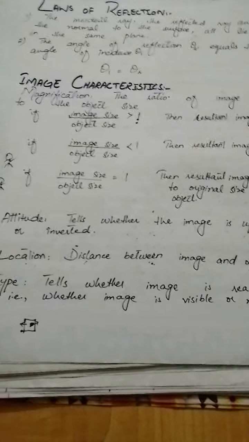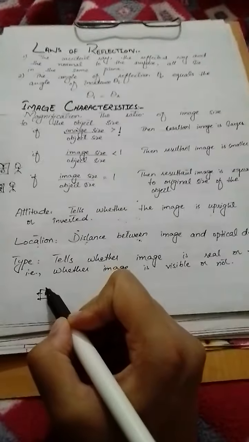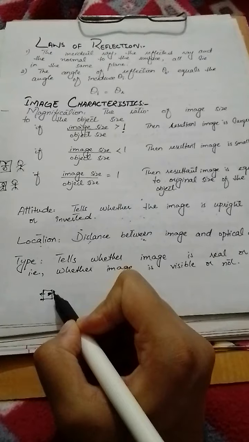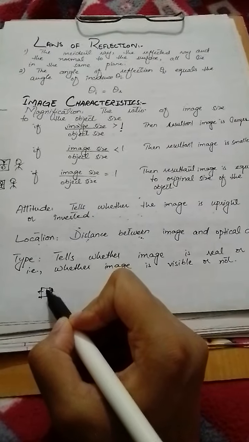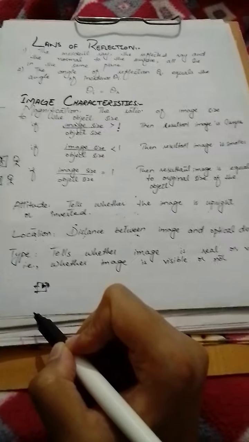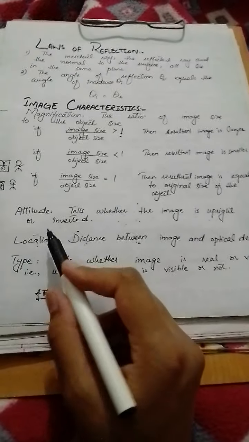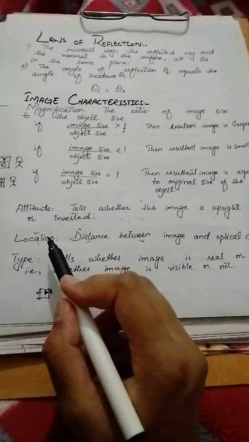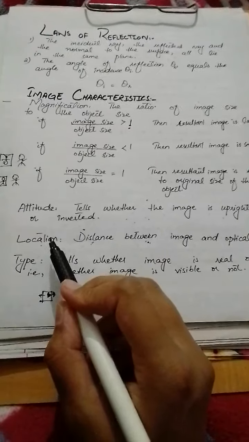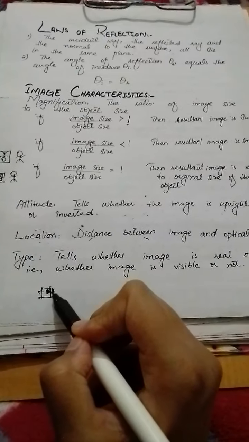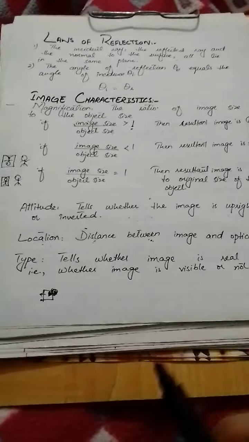You will study these in further topics, but there is a distance between the image formed and the actual placement of the mirror, and this distance is called the location of the image of the object.